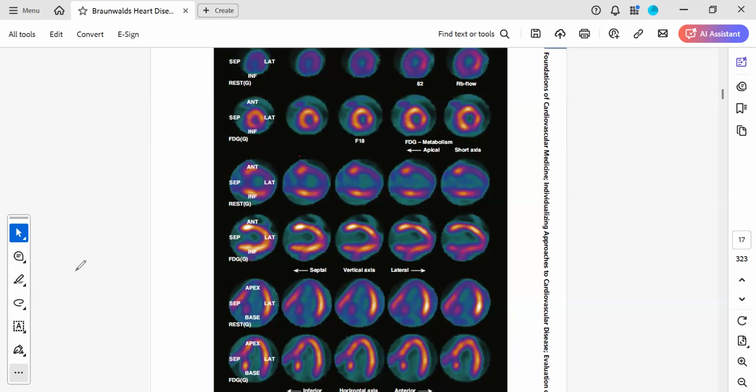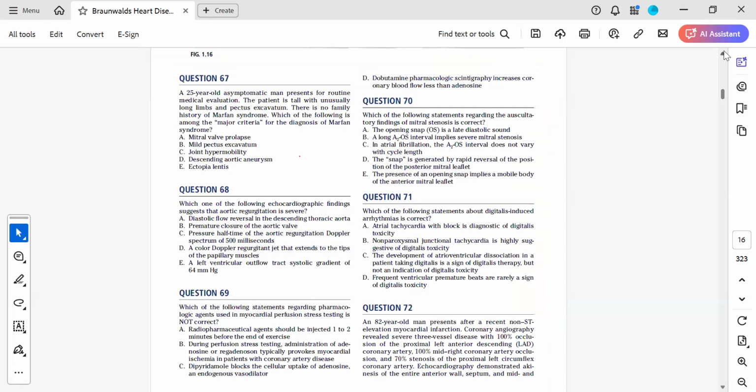So they go for invasive coronary, like this patient who went for invasive coronary angiogram, and they saw that the LAD was occluded, and some part of the circumflex. I guess that's the question attached to this patient. If you can scroll the slide up, Dr. Eugene, we can read the question.